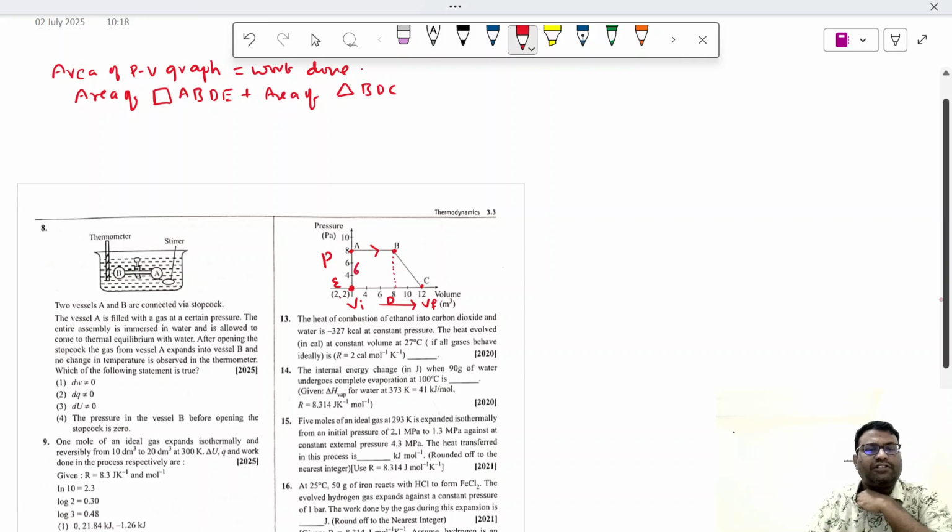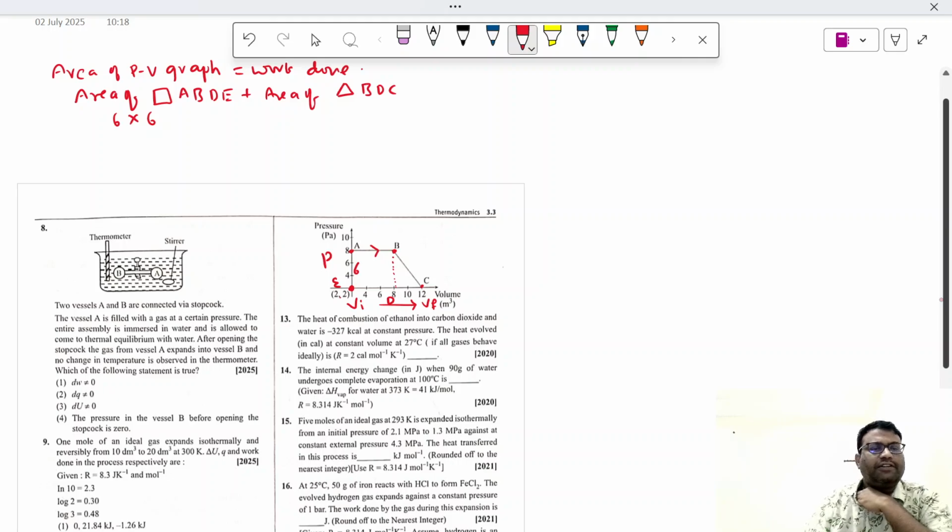This is 6 and this is also 6, right? This is not 0; if it were 0, it would be 8. So 6 into 6.